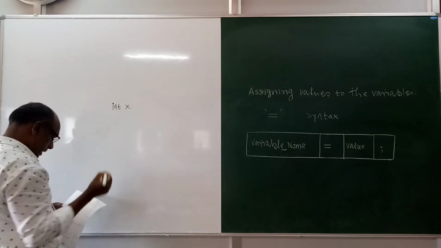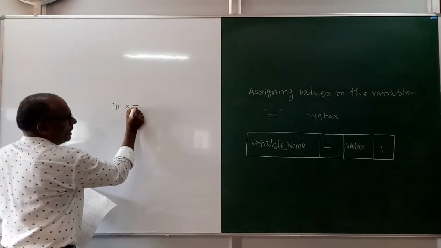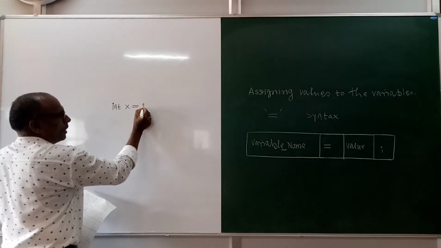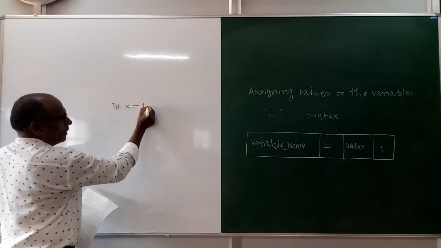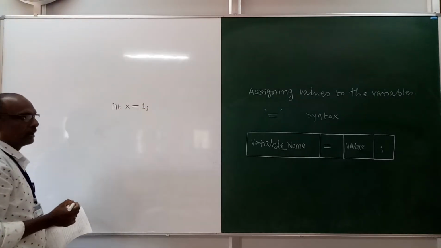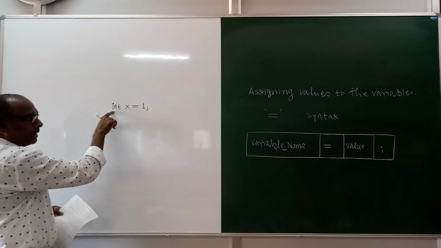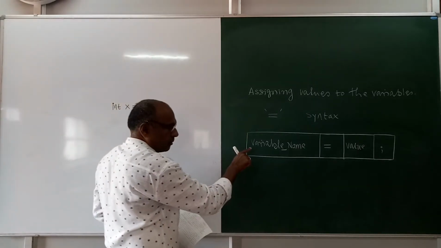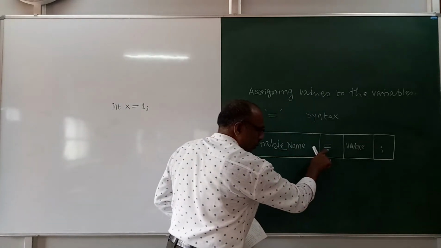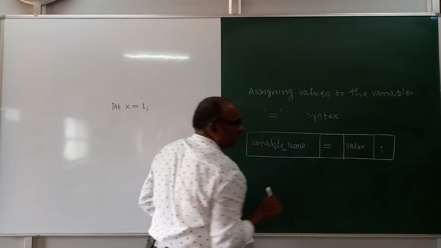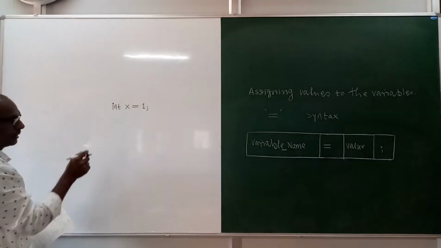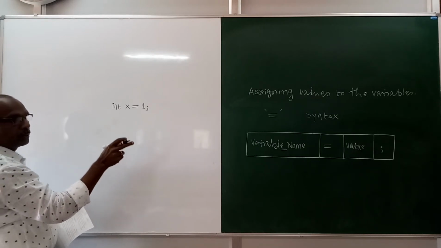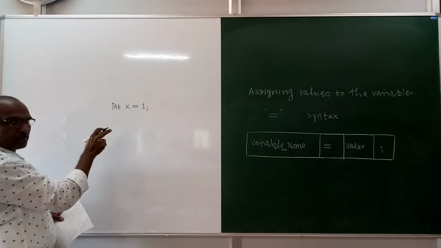Variable name, say x, an operator called the assignment operator, its value say 1, integer, and then we have the delimiter. Here in the syntax we have not given the data type. We have given only variable name, operator, value, and delimiter, the semicolon.